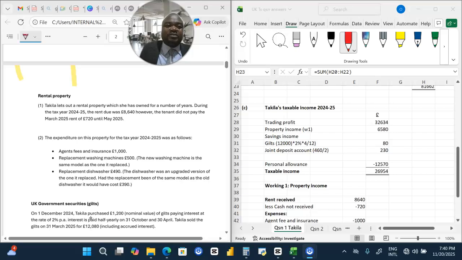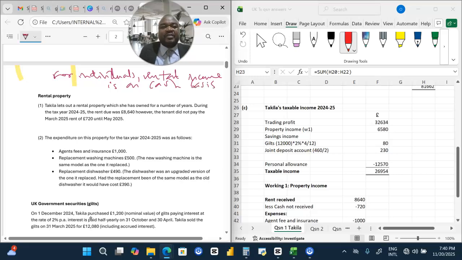For individuals, rental income is on cash basis. But for companies, rental income is on accrual basis. So what does it mean on a cash basis?